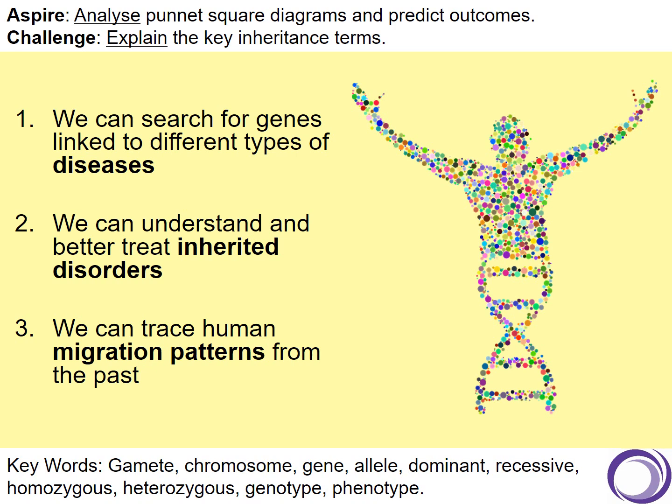If we can link the human genome to different diseases, we have a better understanding of how to treat and hopefully prevent those diseases, particularly inherited disorders, and we can trace the migration patterns of humans from the past. So we can find out how things have evolved and have a better understanding of what might happen in the future.